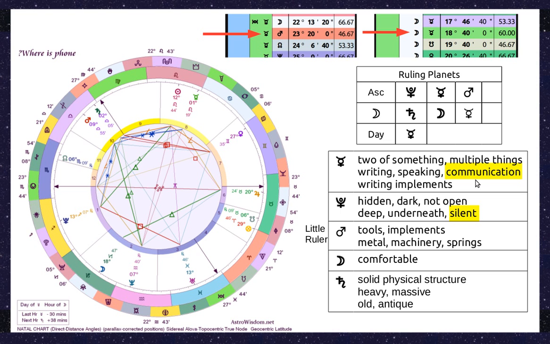It can also be multiple things. Mercury is also associated with writing, speaking, any kind of communication, writing implements. Pluto is associated with anything that is hidden, dark, buried, deep underneath, a place that is not open.